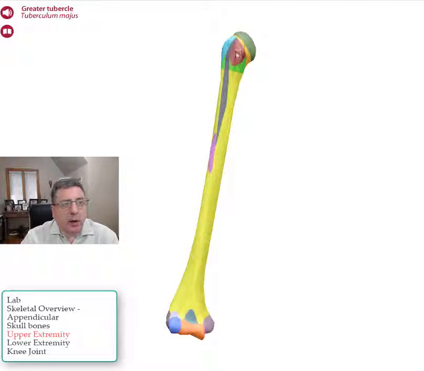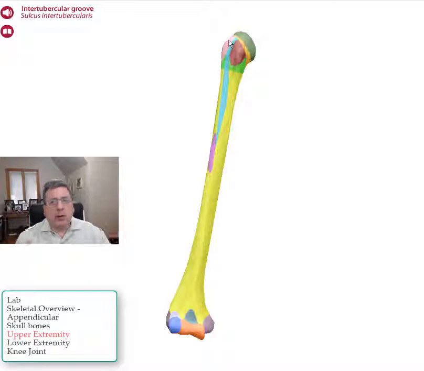So we've got a greater tubercle, lesser tubercle, and then we have your intertubercular groove, and this is where the tendon of the long head of the biceps brachii goes, okay? So muscles attach to bone via tendons, okay? So the tendon for the long head of the biceps brachii goes through this passageway in between the two tubercles.